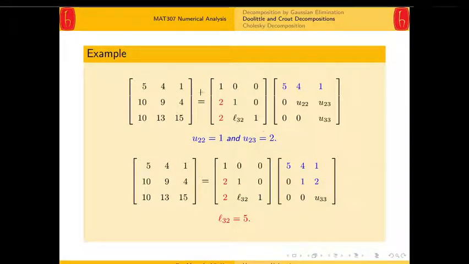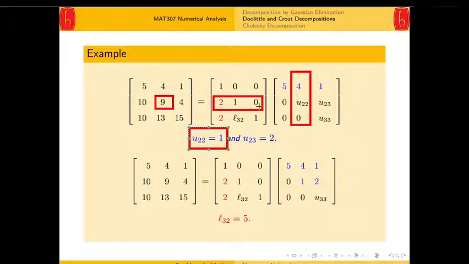Okay, so we substitute all these numbers on the corresponding entries and then move on. This will give us these matrices, and then we multiply the second row with the second column. So this will give us 8 plus U22 is equal to 9, which gives U22 is equal to 1.